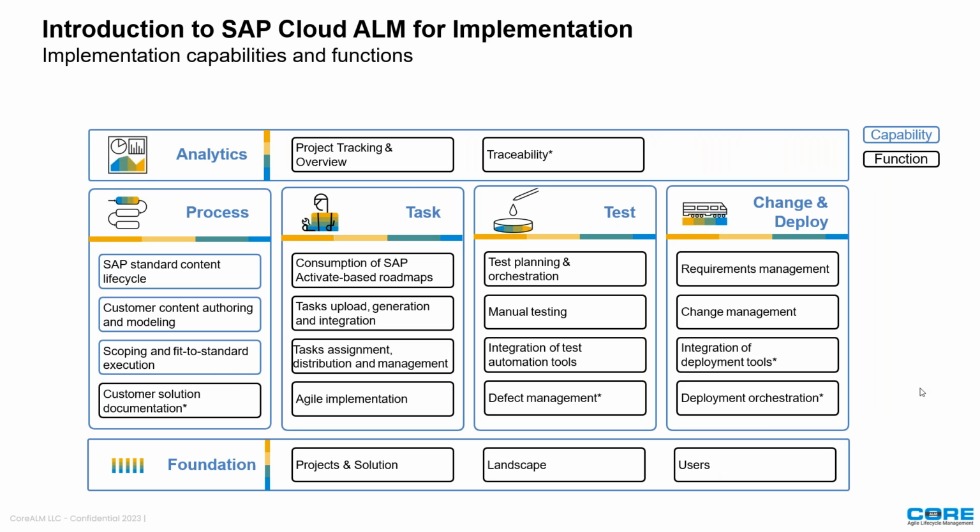Now, to go into more details, what are some of the capabilities and functions in Cloud ALM? So primarily on the top side, you're going to see that you will have an overall analytics from a project tracking and overview. You will also have traceability, for example, from a functional perspective. Now, on the capabilities wise, we have processes, for example. The goal is to utilize as much standard processes as we can.